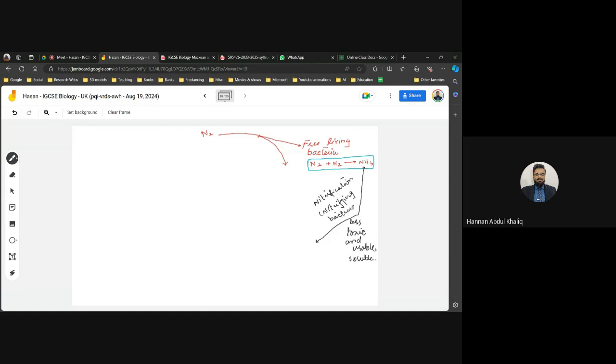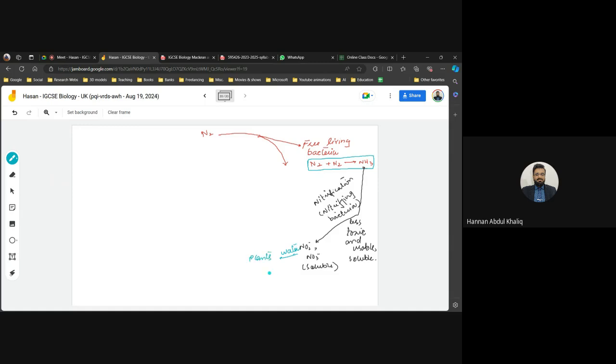What happens is that ammonia is converted into NO2 negative and NO3 negative. If you want to know their names, NO2 negative is nitrite and NO3 negative is nitrate. Remember that both of these are soluble forms, and with the help of water they would enter into plants.